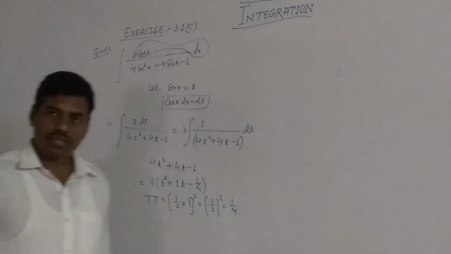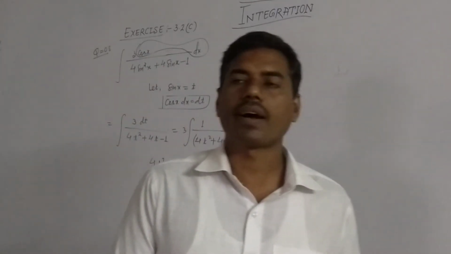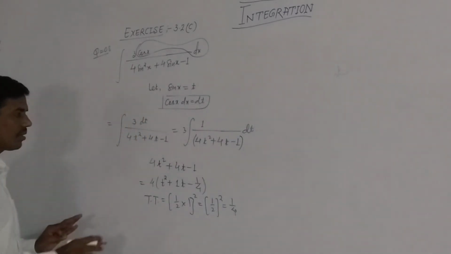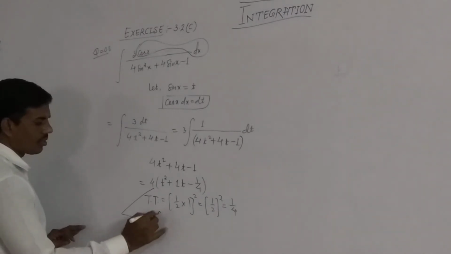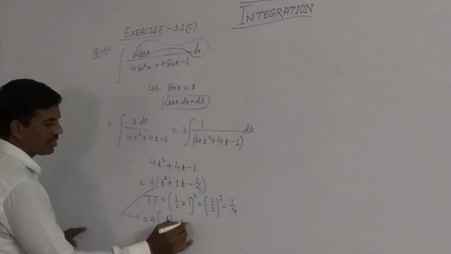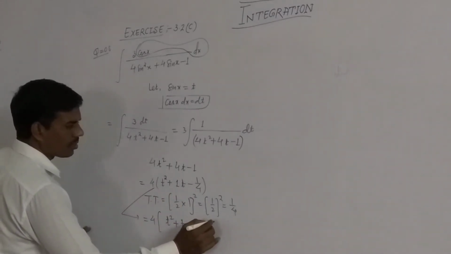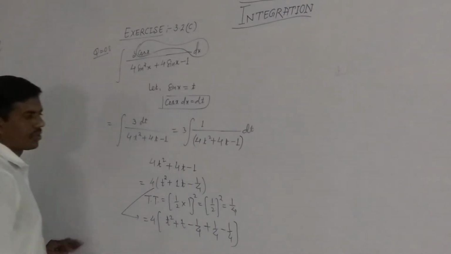Our third step is adding and subtracting. On adding and subtracting the obtained third term in the quadratic expression, we get 4 into t square plus 1 into t plus 1 by 4 minus 1 by 4 minus 1 by 4.